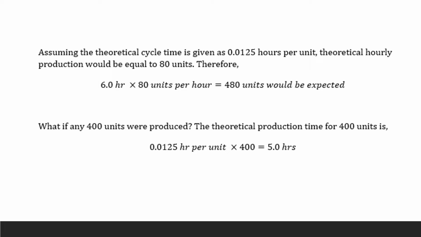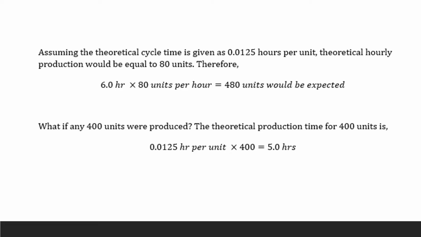If you forget how to get 80 units from your theoretical cycle time, here again it is hours per unit, so we're going to flip it. It's telling you that in order to produce 1 unit, we're going to spend 0.0125 hours. So you flip the ratio in order to get units in an hour.